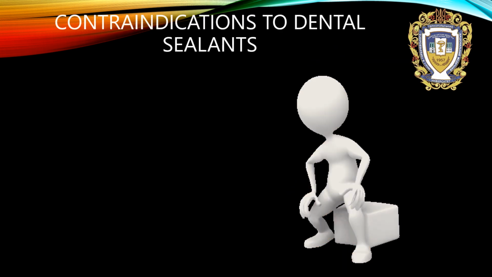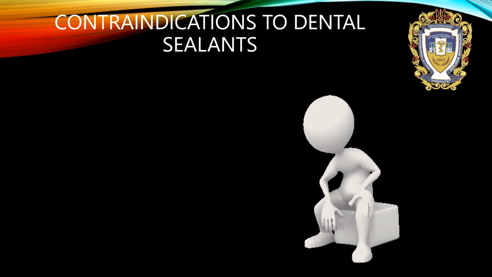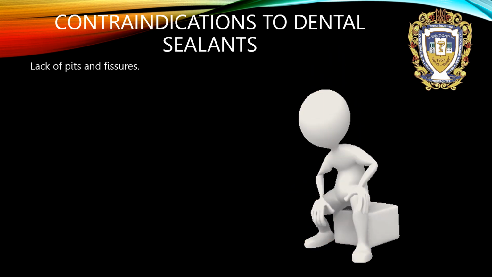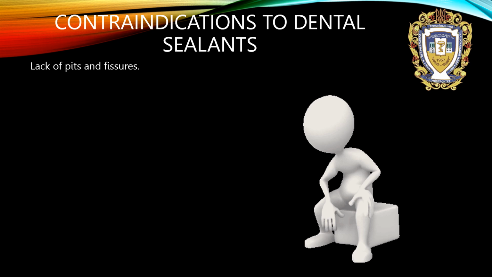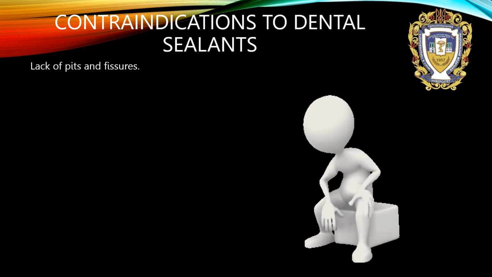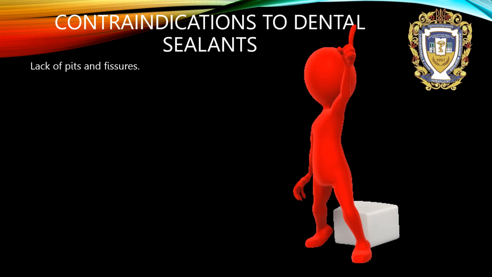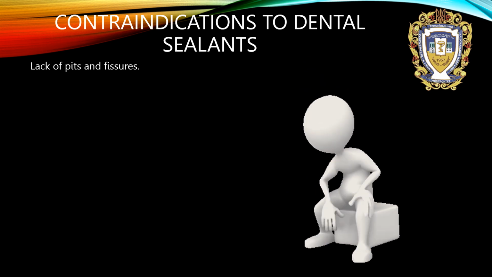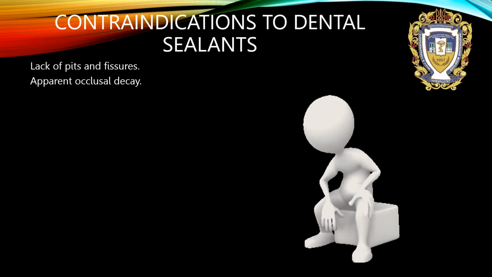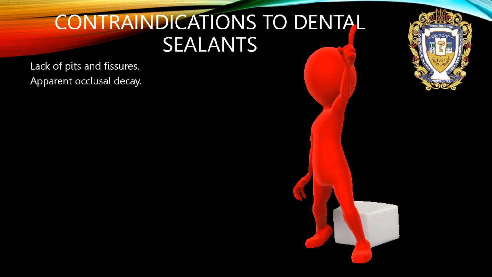But what are the contraindications to dental sealants? First contraindication, a lack of pits and fissures. Why? No pits, no fissures, of course, no sealing. Apparent occlusal decay: if decay is present, it will be not sealing but filling.